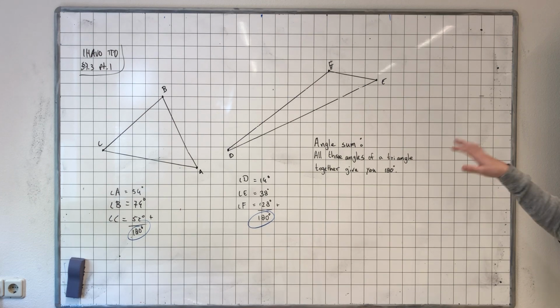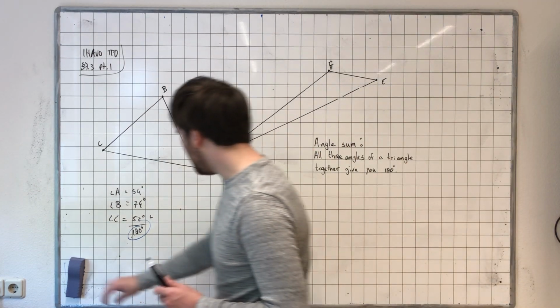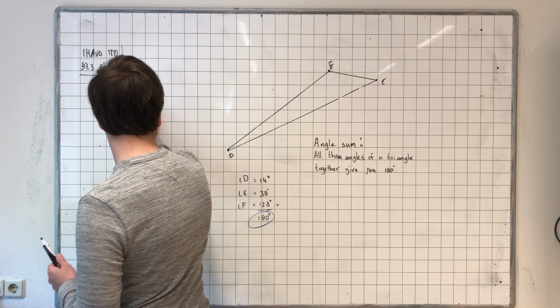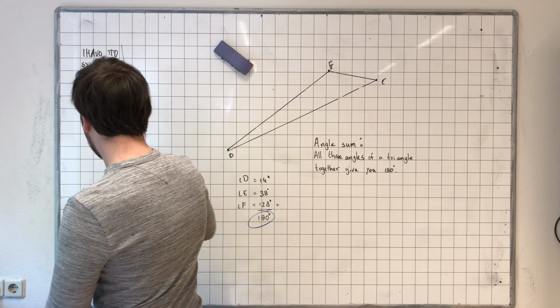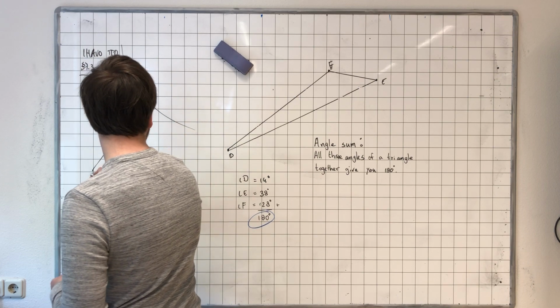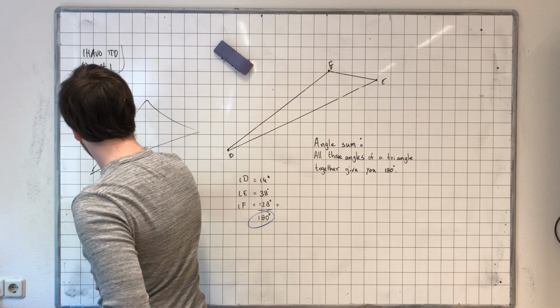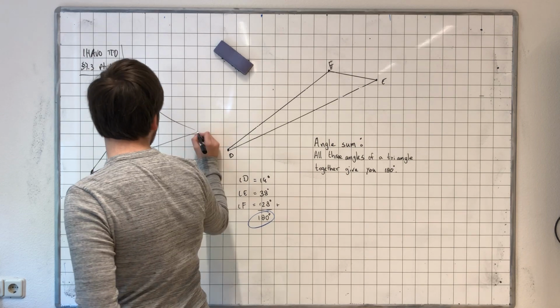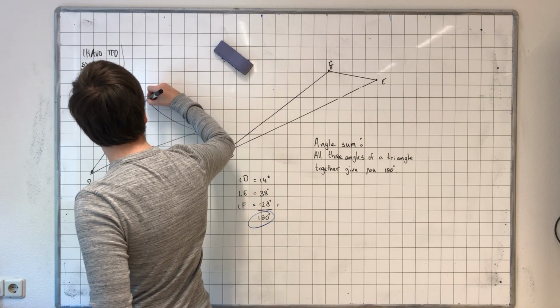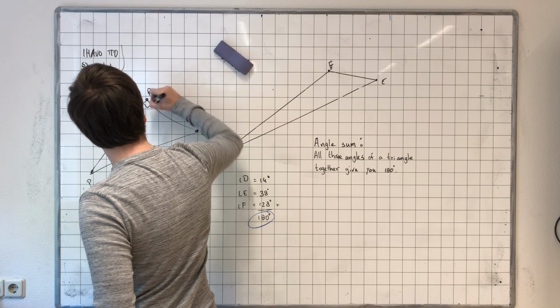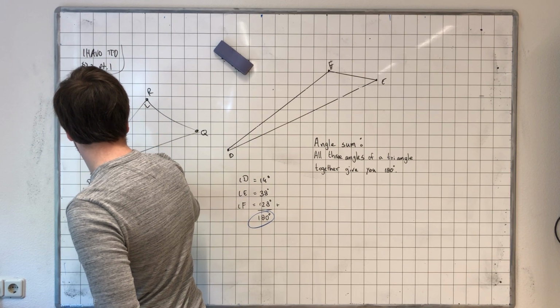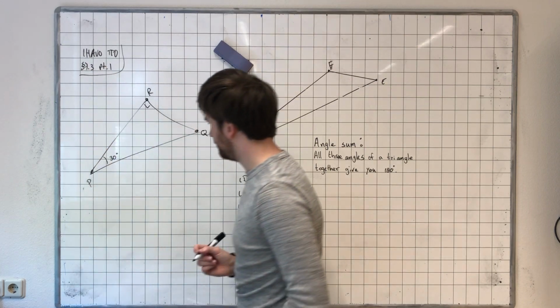Okay, this is something that we're going to use right now. I'm going to erase this one. I'm going to make a random drawing again. Let's say that this angle BQR is a right angle, and let's say that this is 30 degrees.